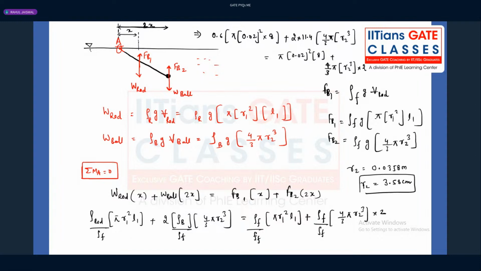If I subtract this with pi 0.02 into 8, and then divide, 2.8 minus 2 into 3 by pi by 4.